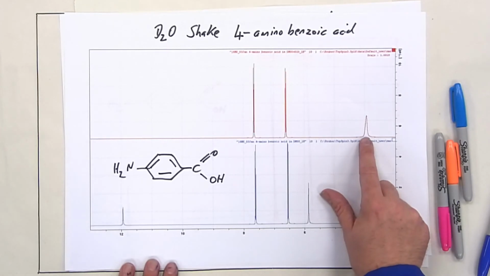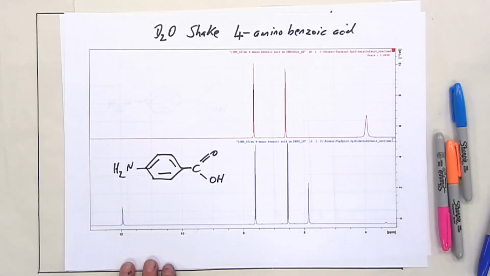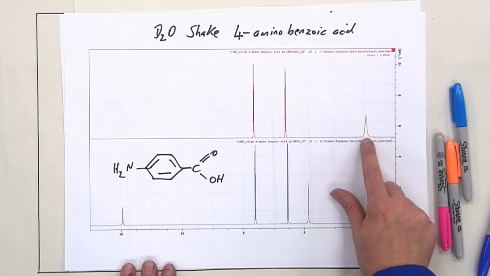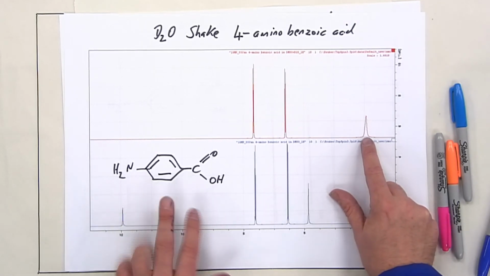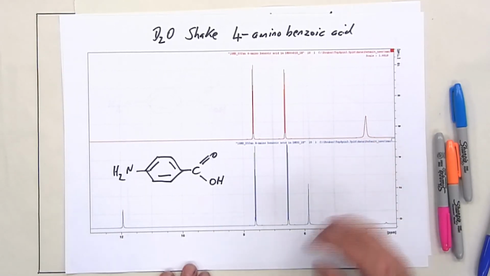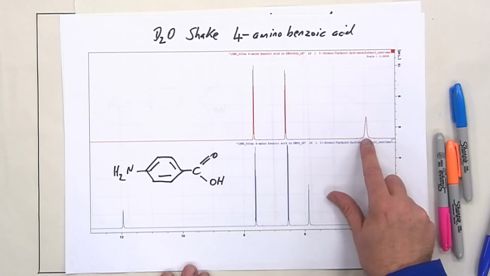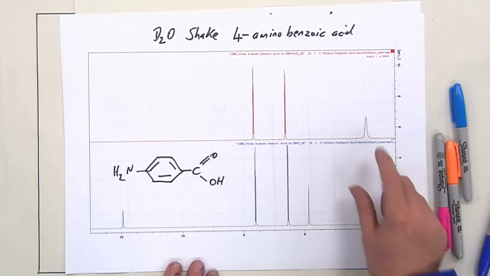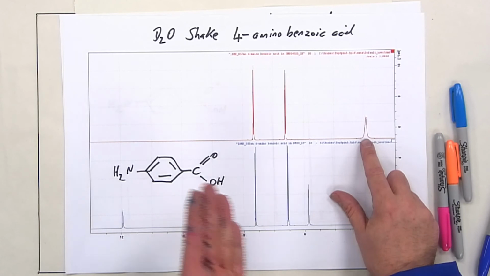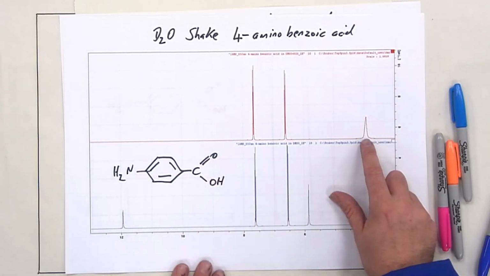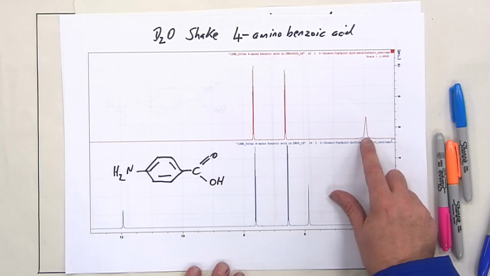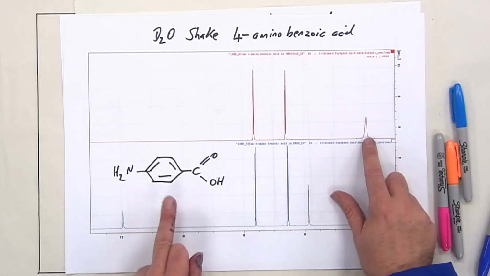We do see an additional signal, this one here, at around 4 ppm. That's not actually due to this molecule. It's due to the fact we've added some additional D2O, and D2O always contains a small amount of HOD or even H2O. So we see the signal due to those protons. It's an artifact rather than anything to do with the sample.